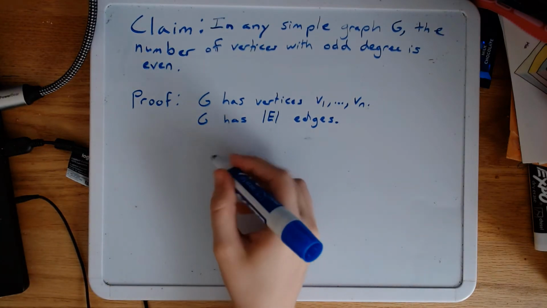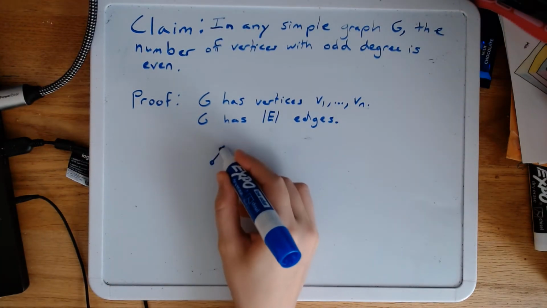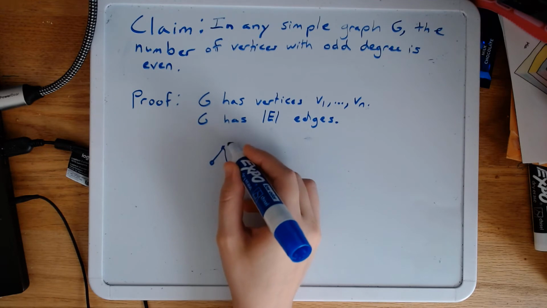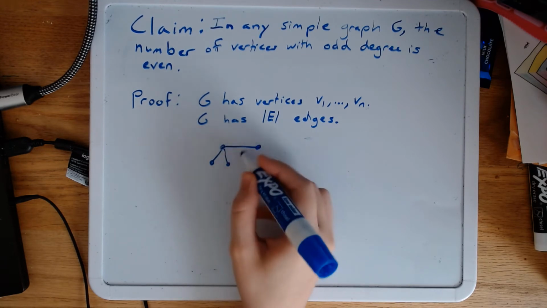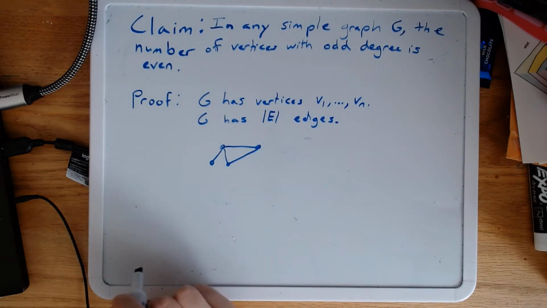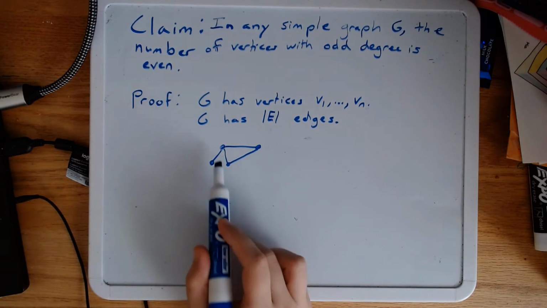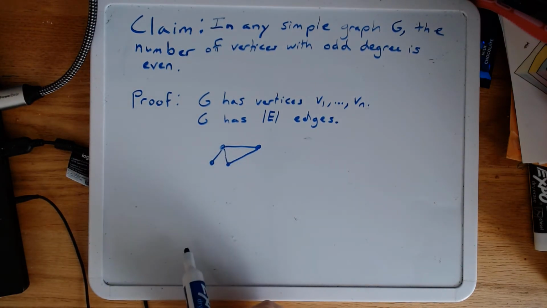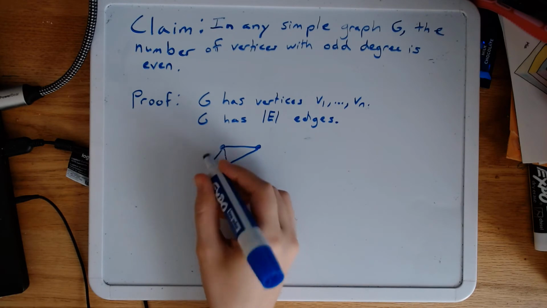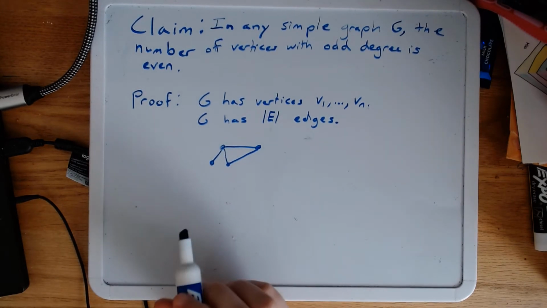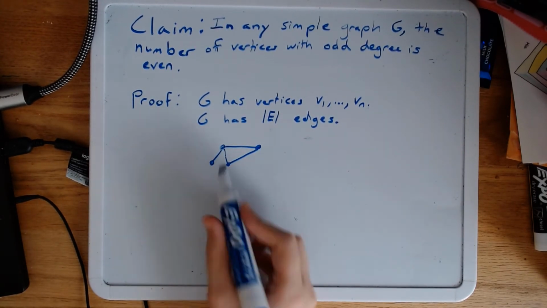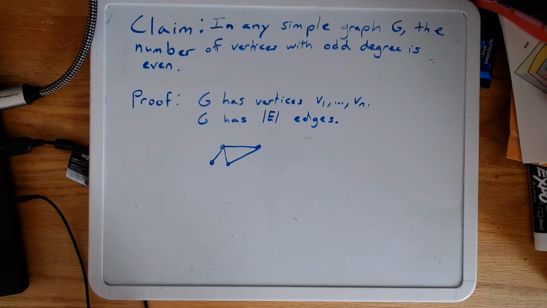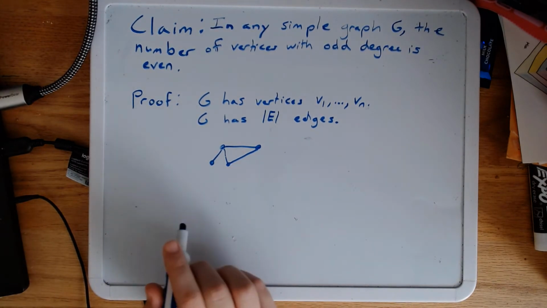So I'll draw a smaller graph this time. If we think about adding up the degree of all of the vertices, there's a relationship to the number of edges. So I'm going to see what edges we count as we count degrees on this one.